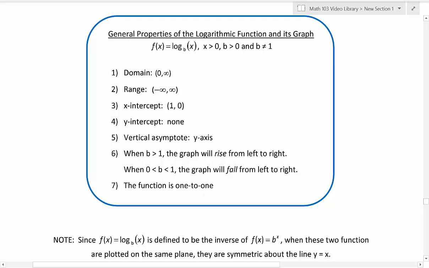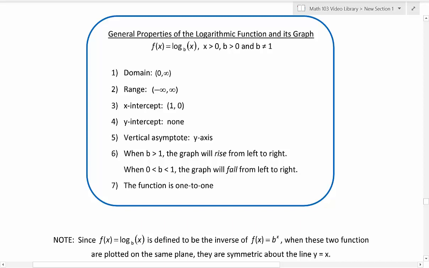Logarithmic functions and their graphs have some general properties. So recall our logarithmic function is f of x equals log base b of x, where x is strictly greater than 0, b is strictly greater than 0, and b is not equal to 1. The domain of the logarithmic function is 0 to positive infinity, not including 0, just the positive numbers, and the range is all real numbers.